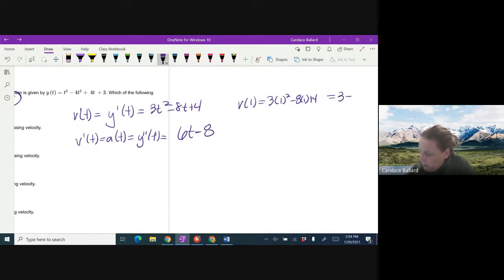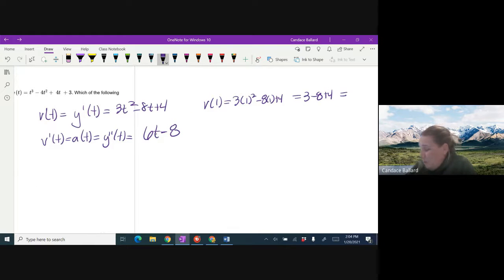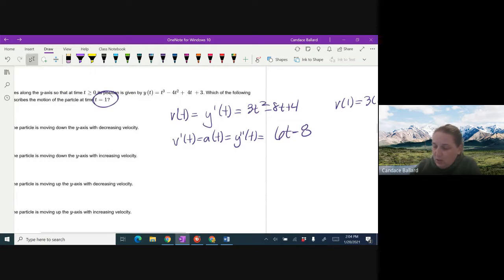So 3 minus 8 plus 4, negative 4 plus 3 would be negative 1, which is less than 0. When velocity is negative, it's either a left-right movement or an up-down movement. Because it says y-axis, that would mean it's an up-down movement.